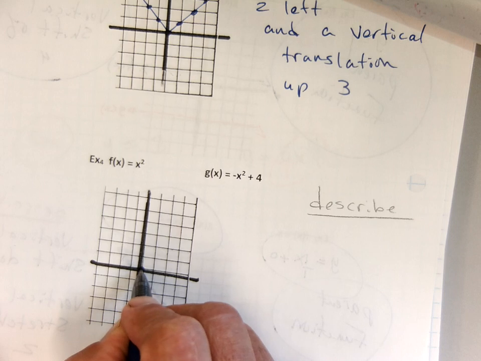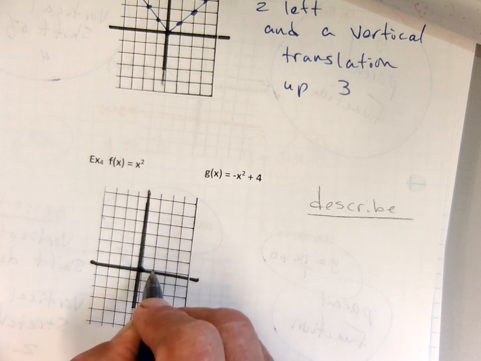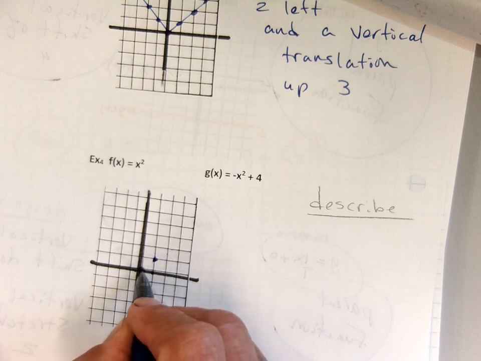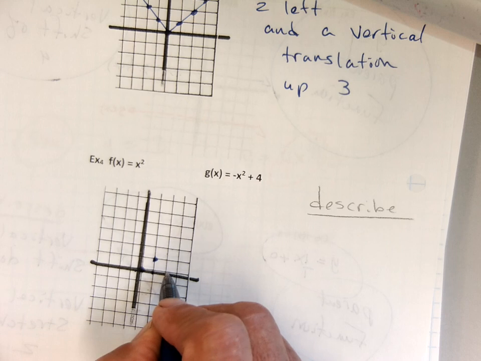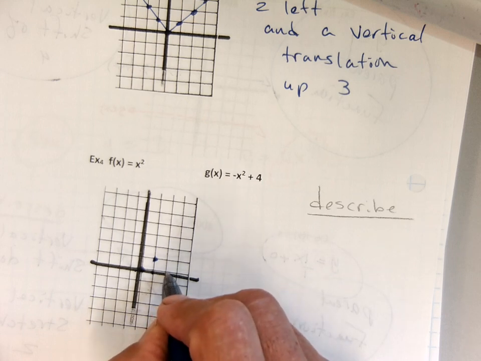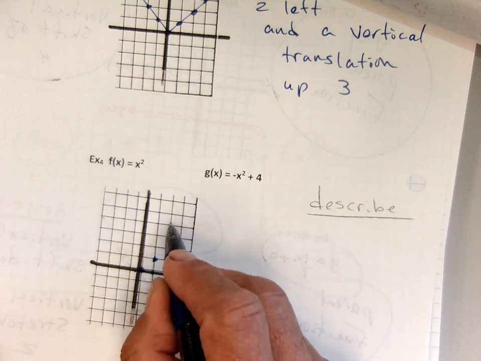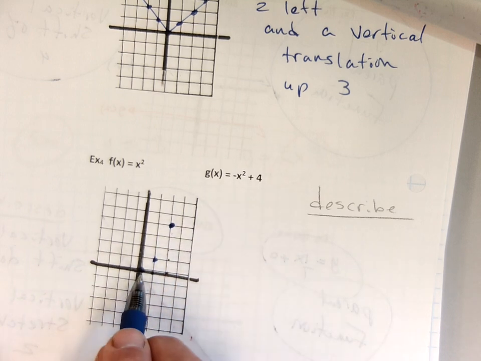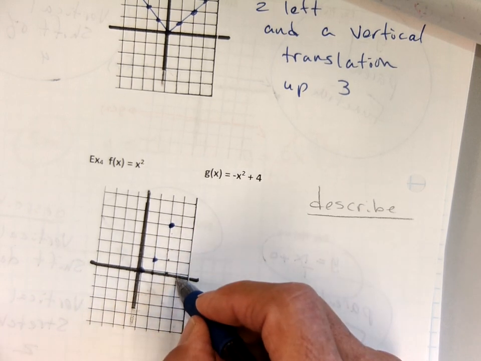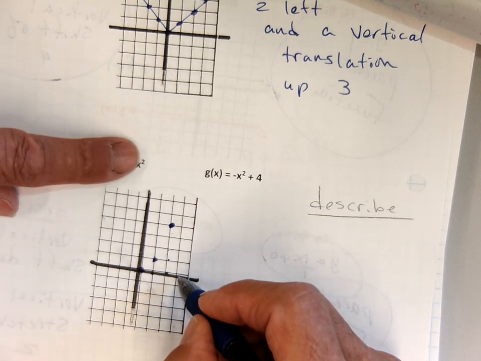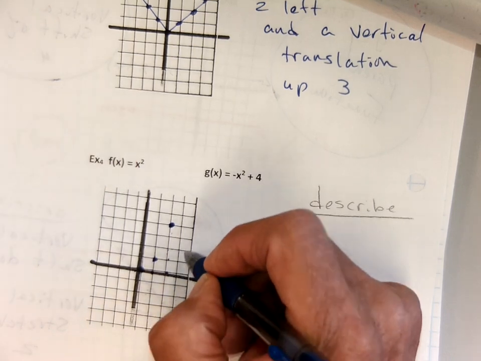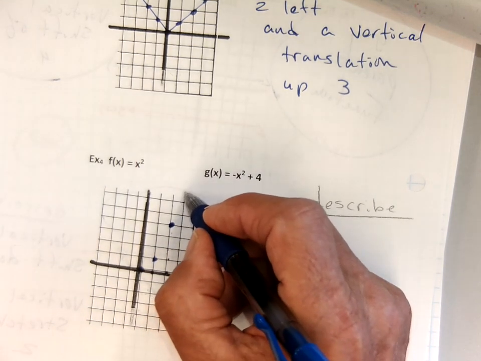What's 0 times 0? 1. See my 1? What's 1 times 1? I went up 1. Go over 2. What's 2 times 2? 1, 2, 3, 4. Go over 1, 2, 3. What's 3 times 3, or 3 squared? 1, 2, 3, 4, 5, 6, 7, 8, 9.